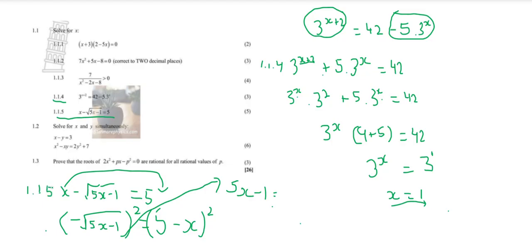Now, in this one, remember this is a binomial. Since this is a binomial, we know that our answer will be a trinomial. In order for us to find a trinomial, you square the first term, which gives us an answer of 25.